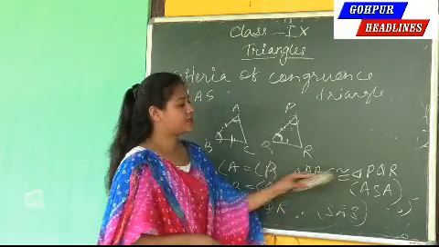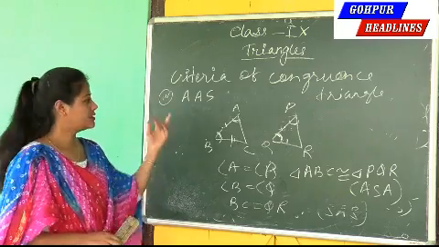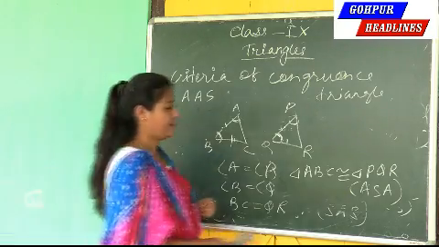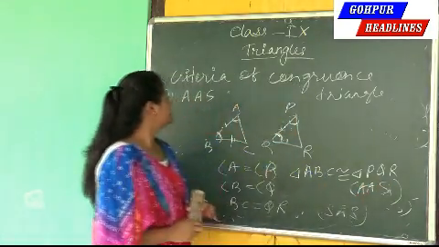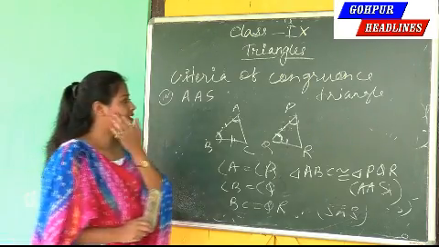So these two triangles are congruent according to angle, angle, side.